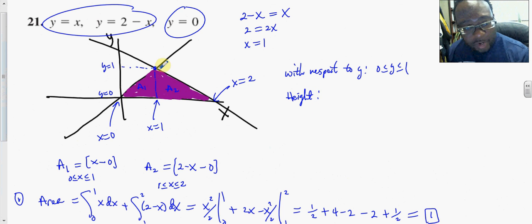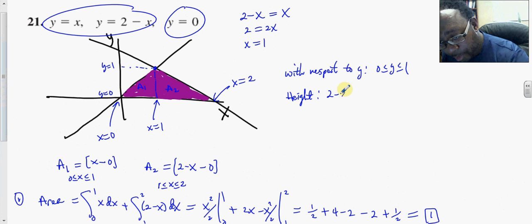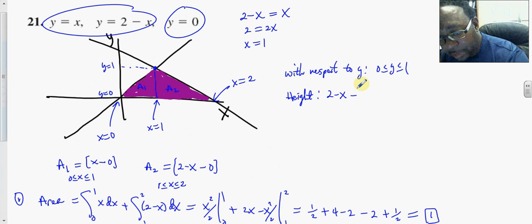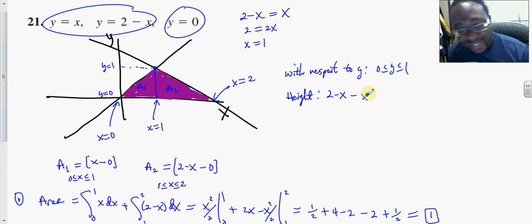For the height, we have the function that's furthest out. Here would be 2 minus x, and then minus the function that is within, the one to the left. So that's the line y equal to x. And it has to be with respect to y, so forgive me. Since we have this reflexive equation, y equal to x, just replace the x's with y's.